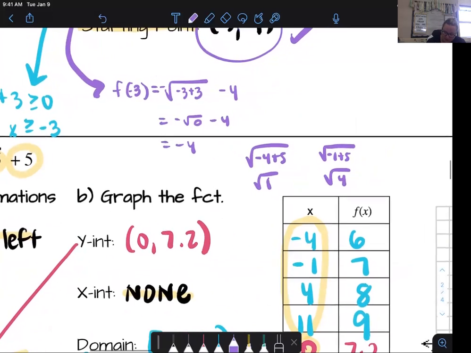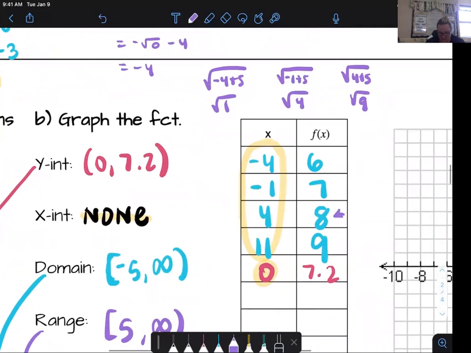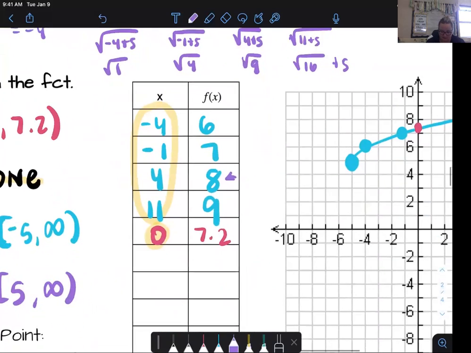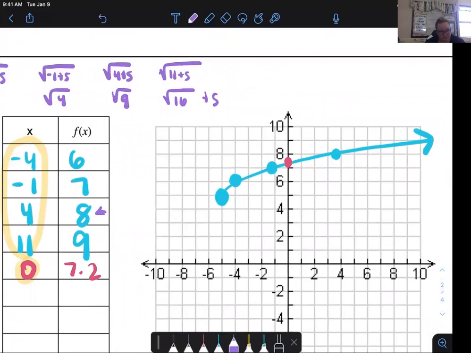If I plug in 4, I'm gonna get the square root of 4 plus 5, which is the square root of 9. Square root of 9 is 3, plus 5 is 8. If I plug in 11, the square root of 11 plus 5 is the square root of 16. Add 5 to that is 9. And then I just plotted those points and drew my graph. So my starting point was here. I'm rising to the right for my end behavior.